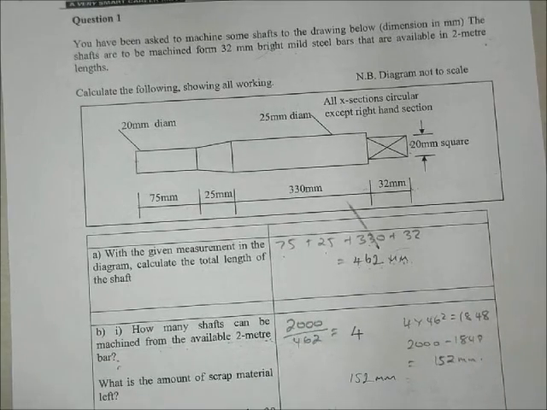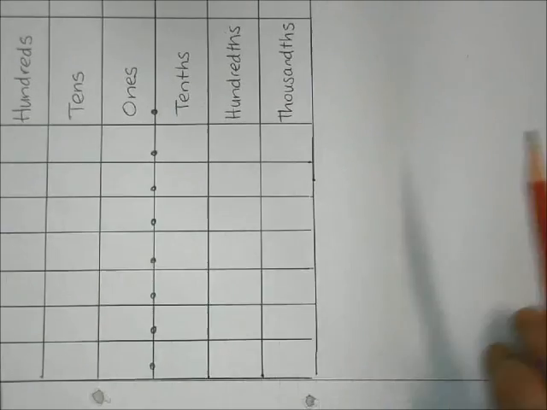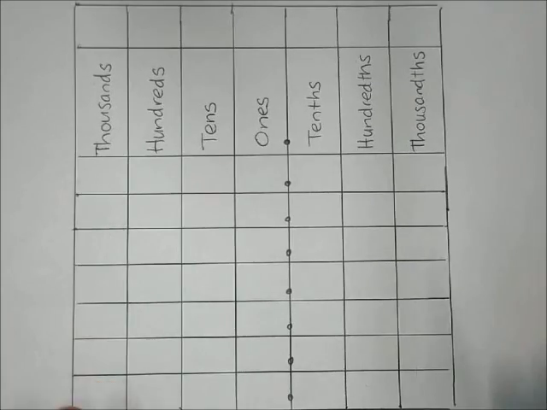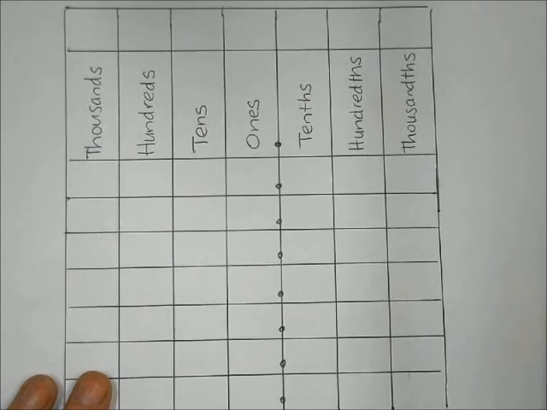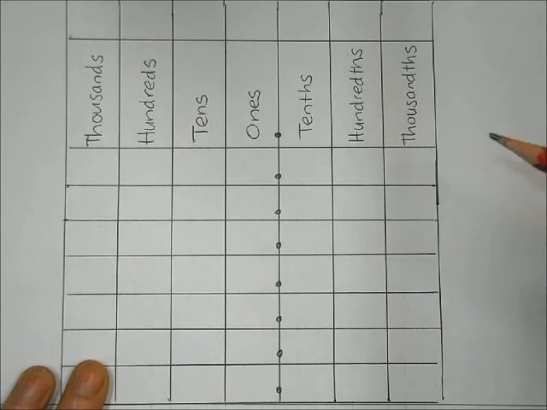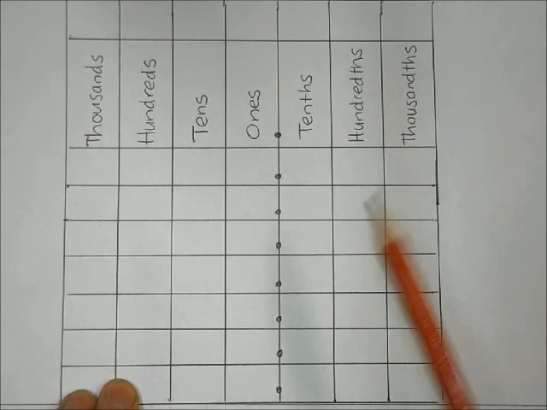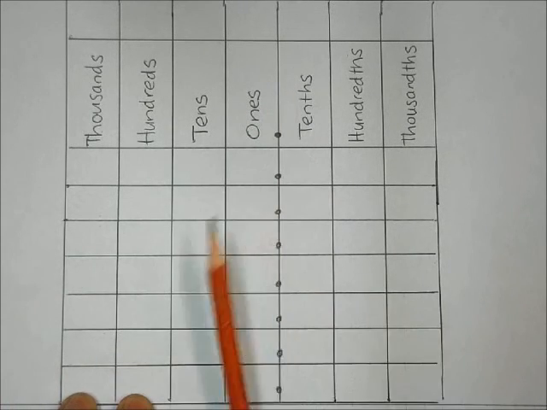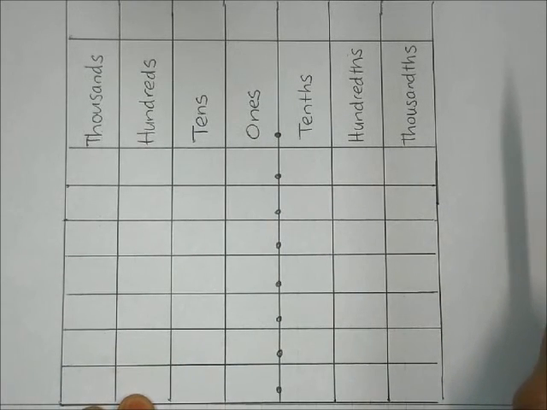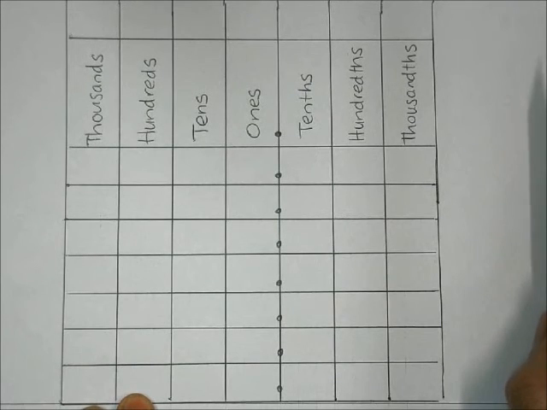So let's just look at our place value chart. Okay, this is looking at place value. So, if we look at the metric system and the decimal system, which is the system which we use for numbers, it is based on the number 10.